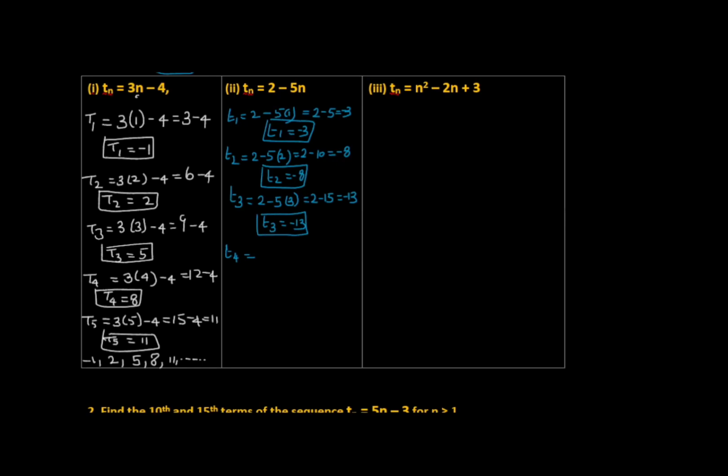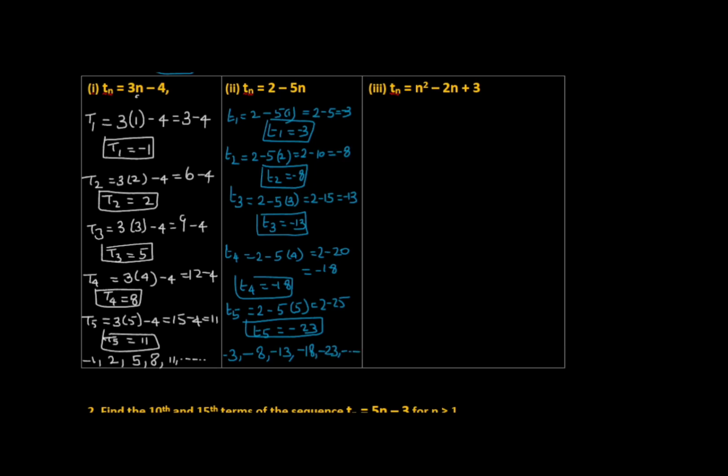T4. 2 minus 5 into 4. 2 minus 20, minus 18. So T4 here is minus 18. T5. 2 minus 5 into 5. 2 minus 25, minus 23. T5 is minus 23. So the sequence here is minus 3, minus 8, minus 13, minus 18, minus 23, and so on. So the first one is an increasing sequence. This one is a decreasing sequence. The second one is a decreasing sequence.